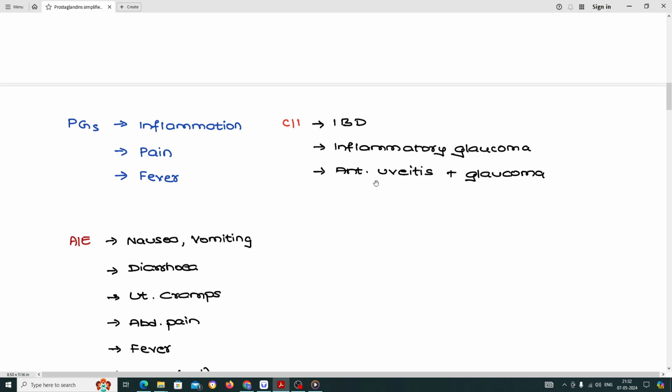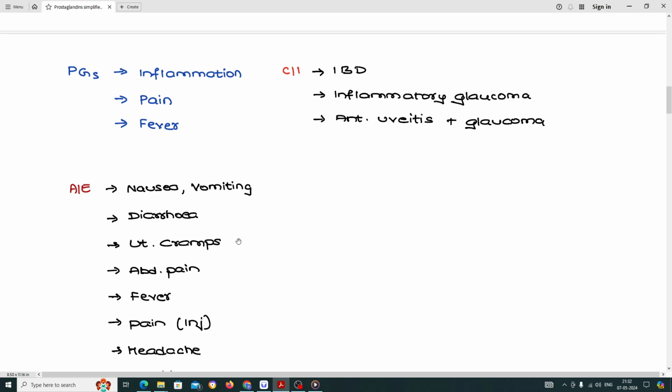So here the example is the anterior uveitis is associated with glaucoma. So why the prostaglandin analogs are contraindicated? Since the prostaglandin itself is an inflammatory mediator, and already these are the conditions where there is an increase in the inflammatory mediators already. So using of prostaglandin analogs in such conditions will aggravate the condition.